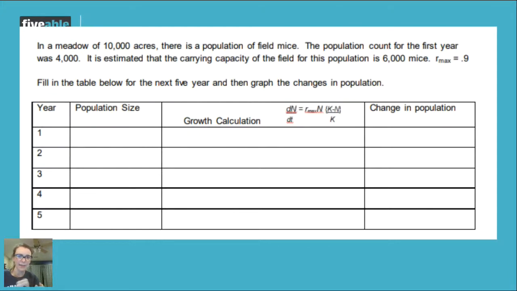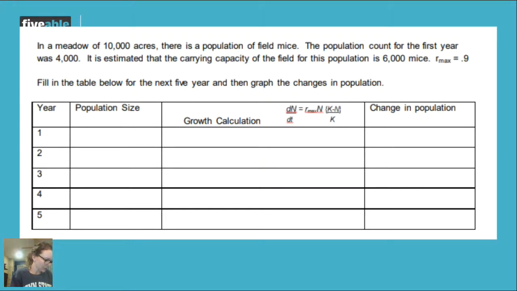Okay, and then we're going to multiply that by our carrying capacity, which is 6,000 minus 4,000 divided by 6,000. Now, order of operations is important here because 6,000 minus 4,000 is 2,000 divided by 6,000 is going to give us a third, right? Which is very different than doing 1,000, the total number minus 6,000 divided by 6,000. The order of operations is essential here when you're plugging into your calculator, so be very careful.